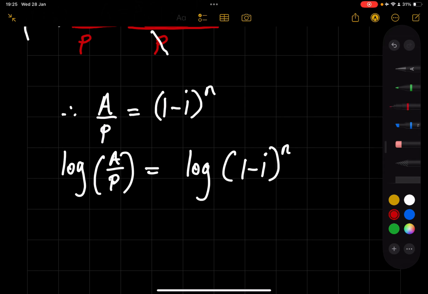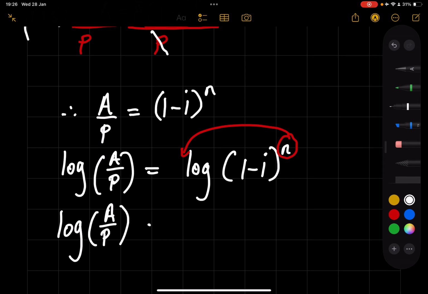And according to the laws of logs, the exponent can multiply the coefficient to create the new coefficient. So on the left, we have log A over P is equal to, here remember there's a 1, right? So 1 times the exponent n is basically n. So we have n log(1 minus i).